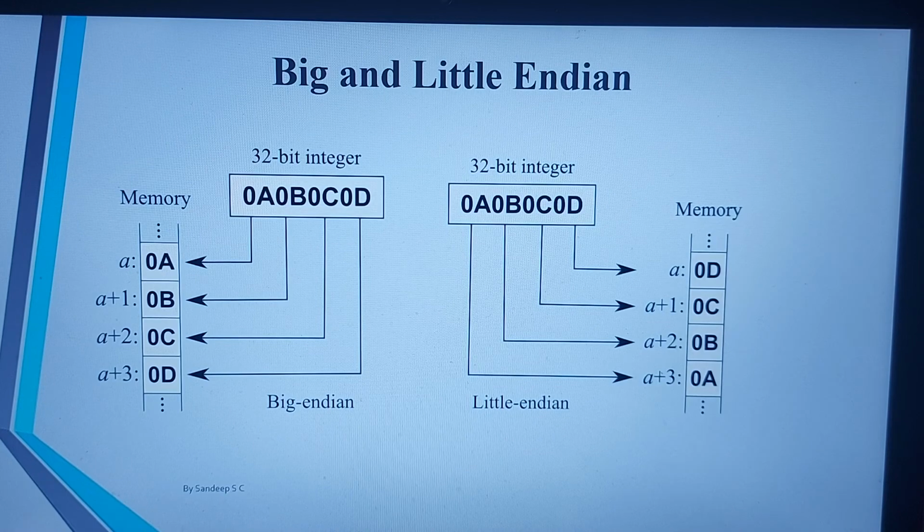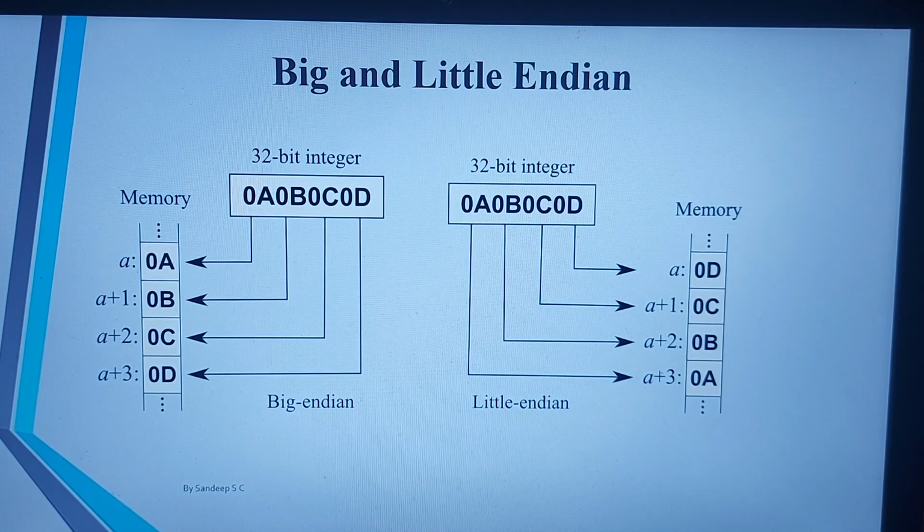Whereas in case of little endian, the least significant byte is stored at the lowest address, that is starting at A. First the least significant byte is stored, then subsequently the next byte of information will be stored. A plus 1 will store the 0C, A plus 2 will store 0B, and A plus 3 will store the most significant byte of the information.